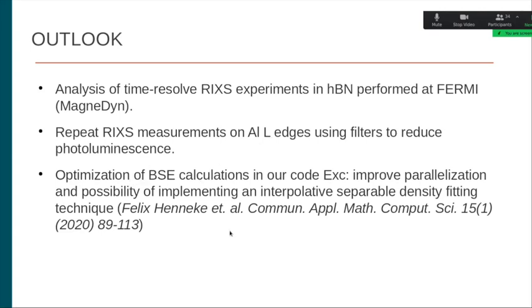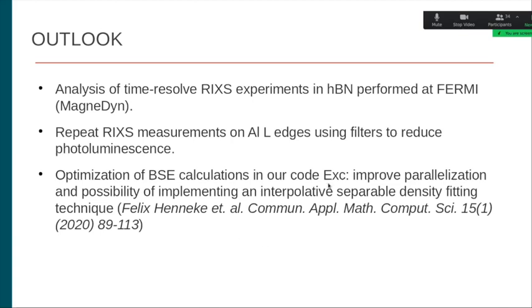And finally, if you are familiar with the Bethe-Salpeter equation, you realize that these are quite heavy calculations. So optimizing and having a good parallelization of the code to do this as fast as possible is critical, especially if you have to solve 2 Bethe-Salpeter equations in order to get one RIXS spectrum.